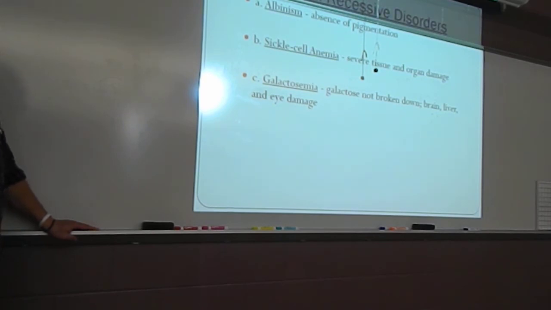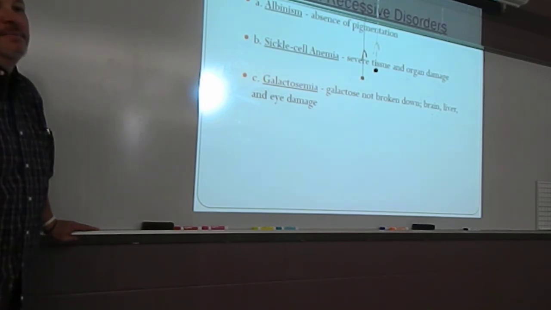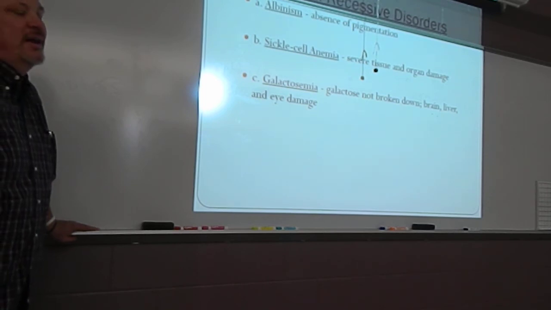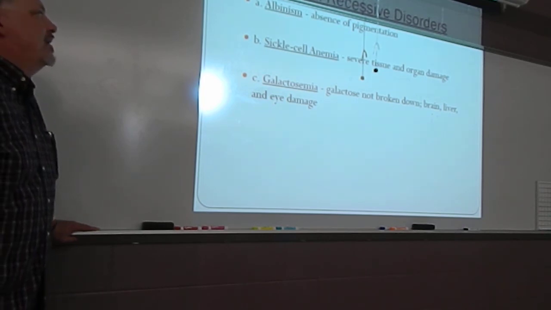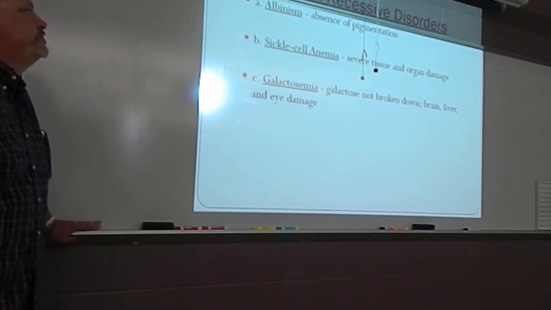They don't get enough iron, they don't get enough oxygen, and therefore after several years their body just runs out because it's working so hard, right? You get organ damage. So most of the individuals who have sickle cell do die at an earlier age.